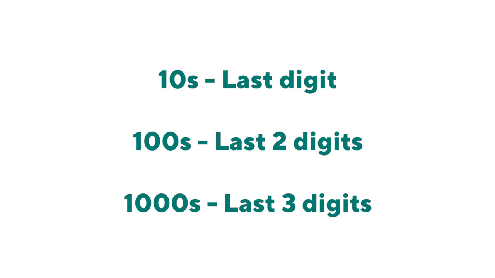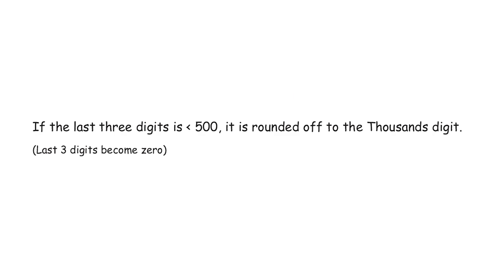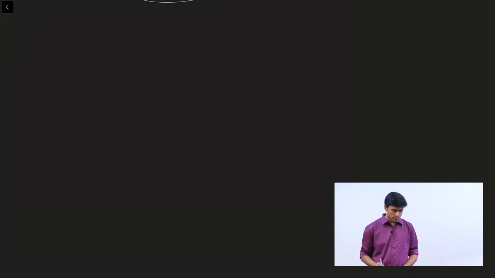You're right. So, if the last three digits are less than 500, you just have to make the last three digits 0 and round it off to the thousands digit. Example, 3,242. Round it off to the nearest thousands.